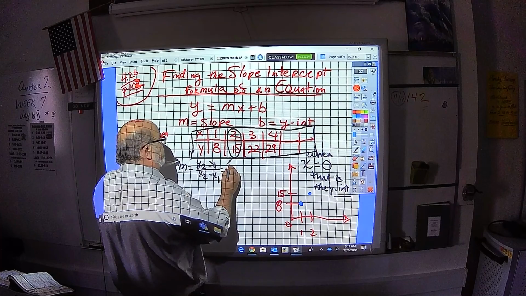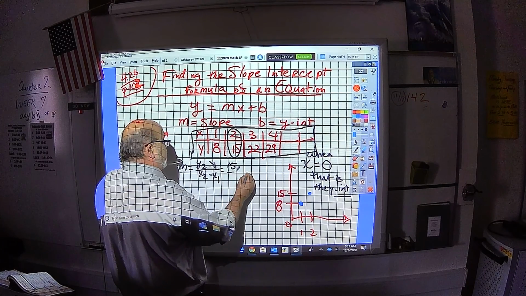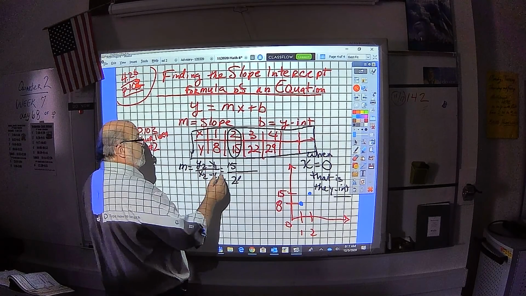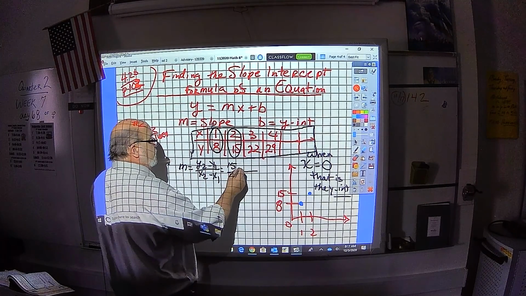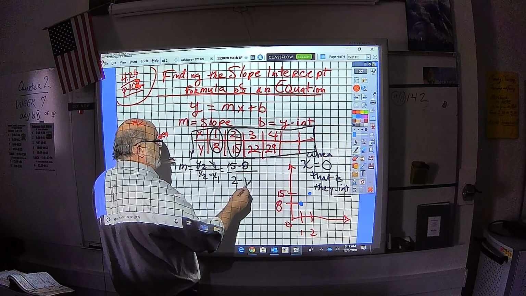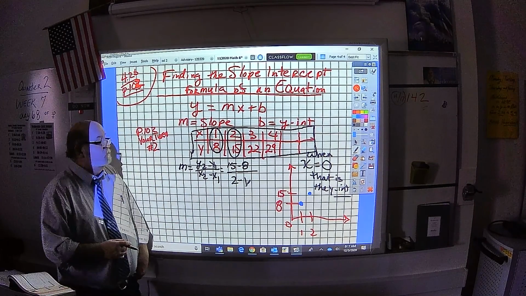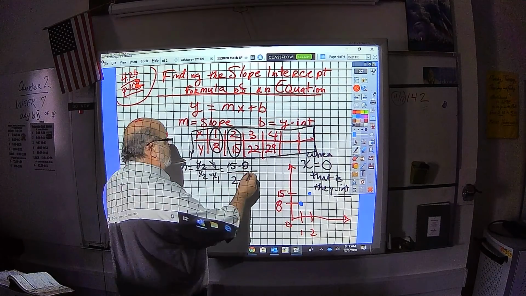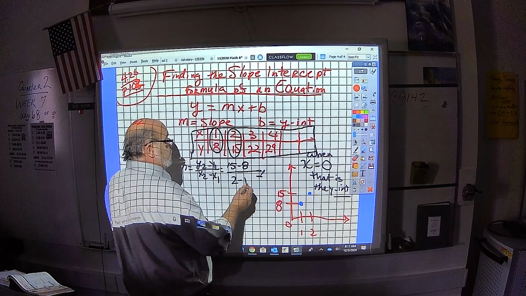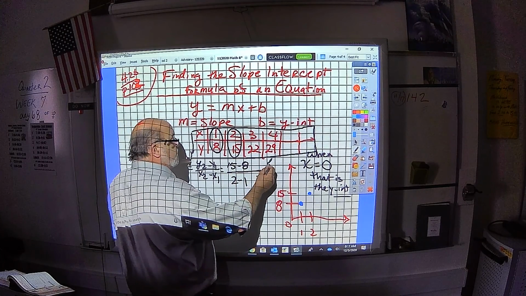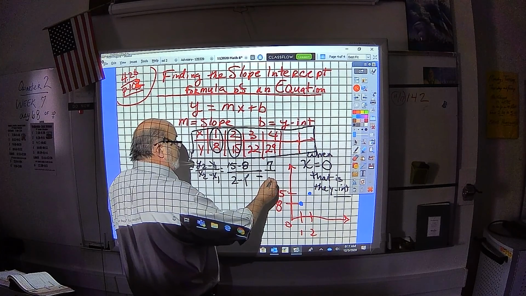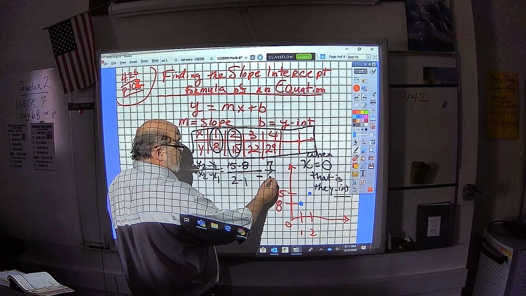So now I have 15 and I have 2, right? Now I'm going to make this one my second, so it's 8, 1. Do the math, subtract, and we get 15 take away 8 is 7, and 2 minus 1 is 1.